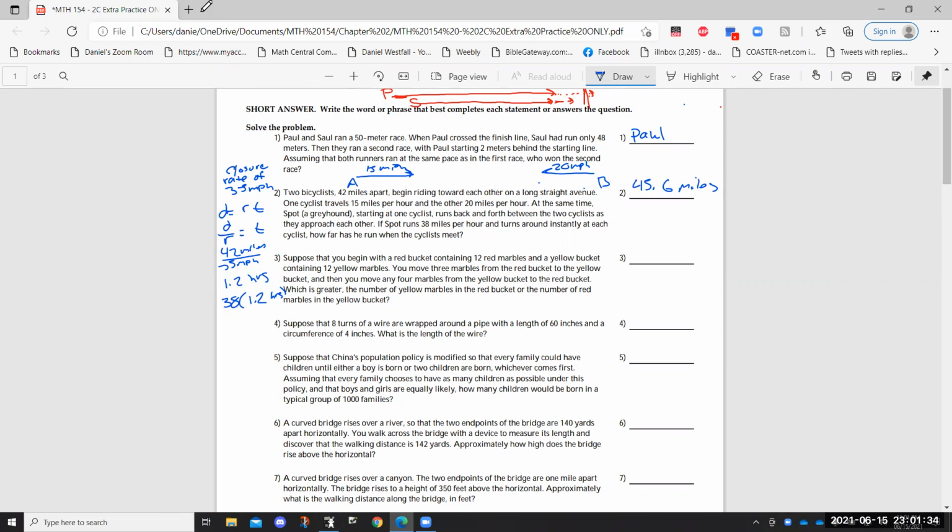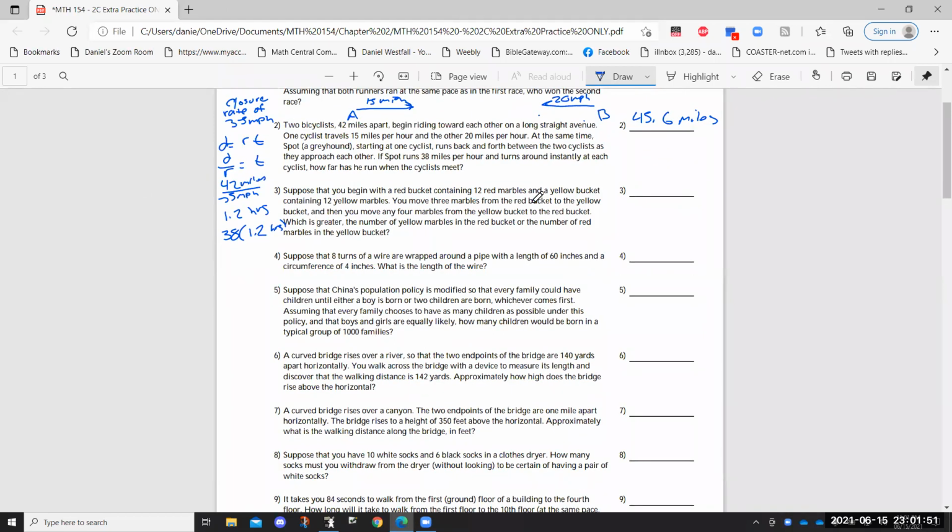Now they give you a different problem here for 3 in the book, and they tell you to think of it as red and yellow marbles instead. They're actually going to give you the red and yellow marbles here, but the problem in the book starts off with different colors of paint. And you're pouring from one kind of paint into the other color of paint, and then pouring the mixture back into the original.